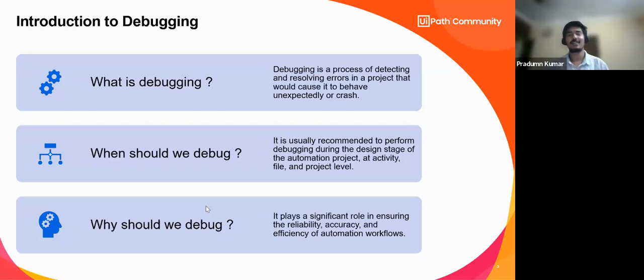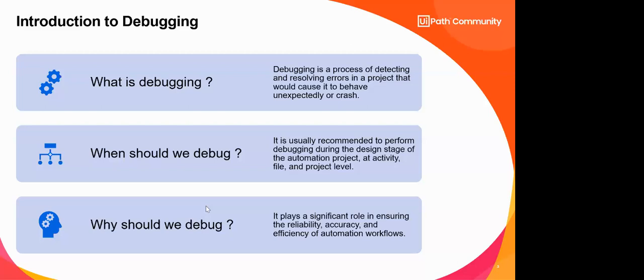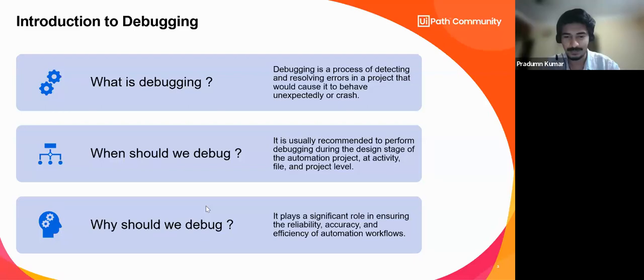And debugging actually enhances, enables you to increase your code reliability? Yes, correct. So like you can read here on the slide, it does ensure increased reliability, accuracy, as well as efficiency. We'll get deeper into how it does impact all of that.